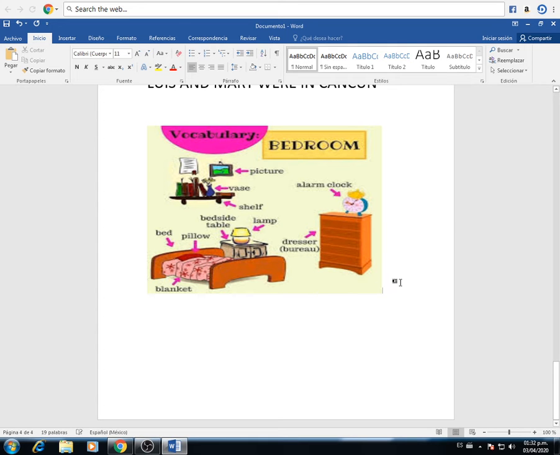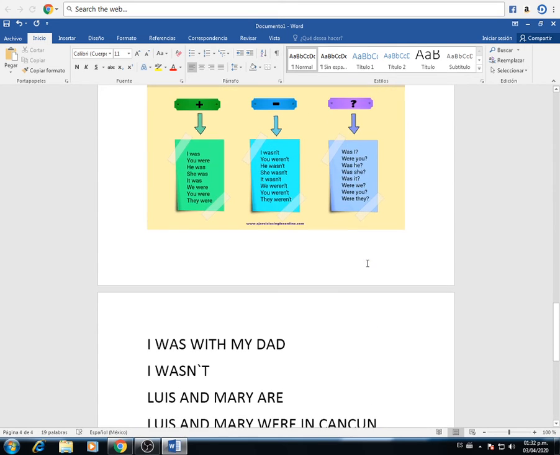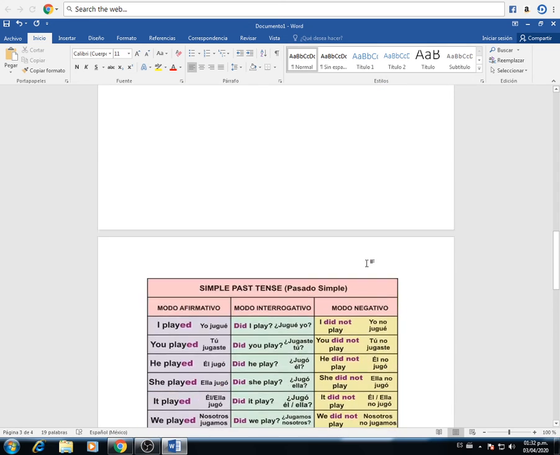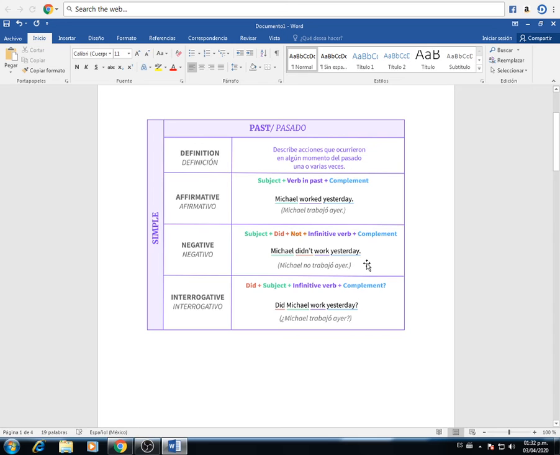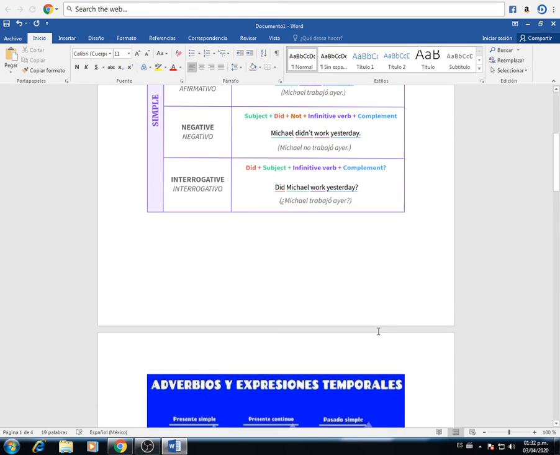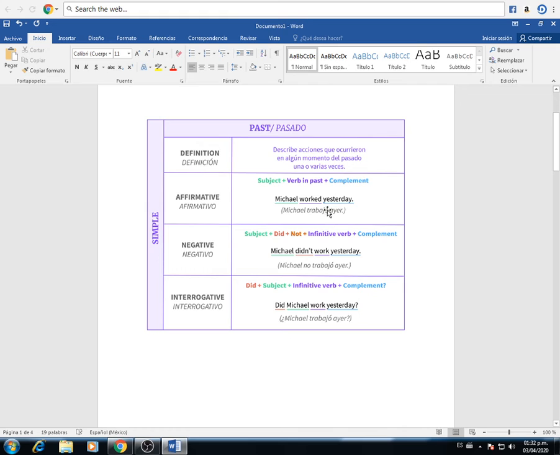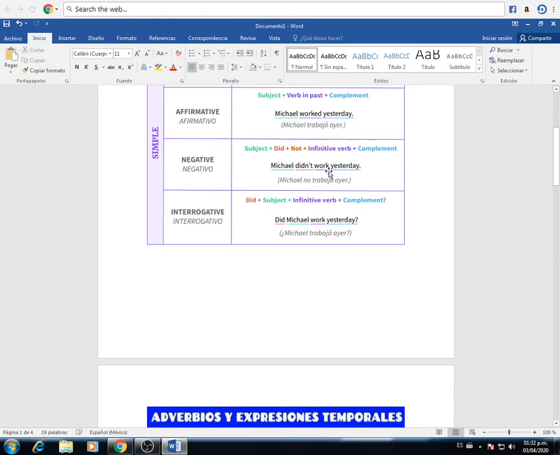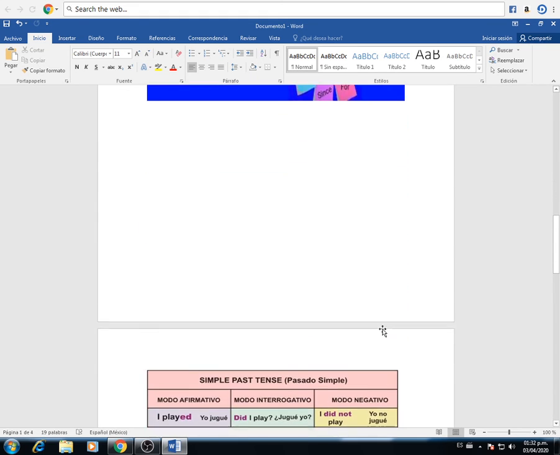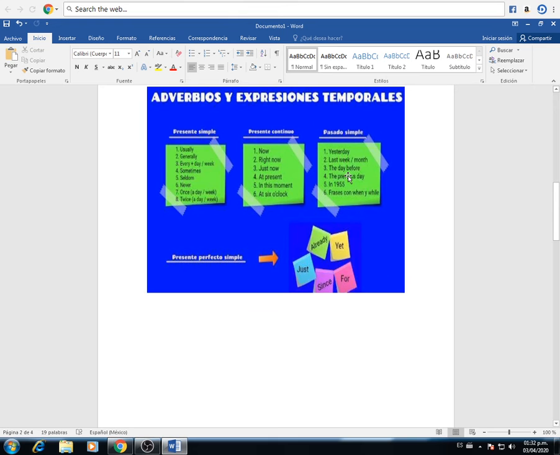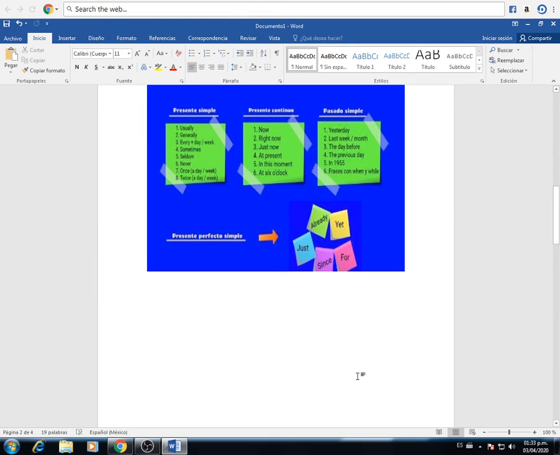Now, remember, if you put a sentence in past, it's necessary that you put subject, verb in past, and complement. Look at the end of the sentence, because if you look at the end of the sentence, you understand the tense of the verb. You look at the case, yesterday, last week.